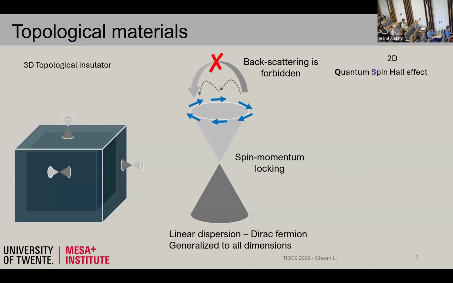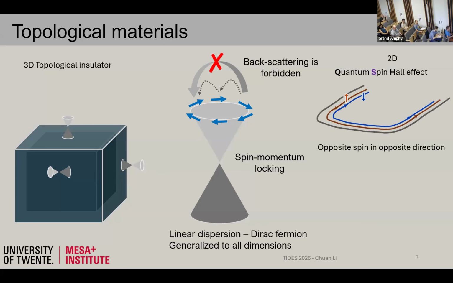And then here comes another aspect: you can also lower the dimension of the material. With a similar phase transition, just one dimension lower, you could now have 2D bulk states with 1D edge channels.